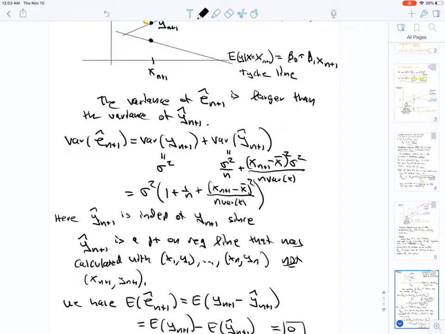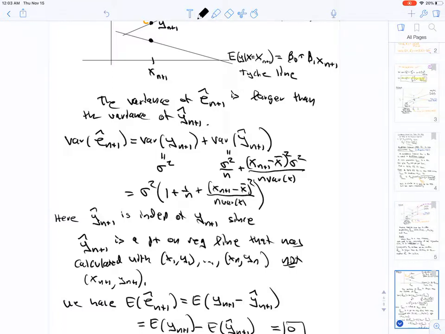Right away, y n plus 1 and y hat n plus 1 are independent, because y hat n plus 1 was calculated with our old data, which involved the x i, y i's from 1 to n, and y n plus 1 is not dependent on our old data.